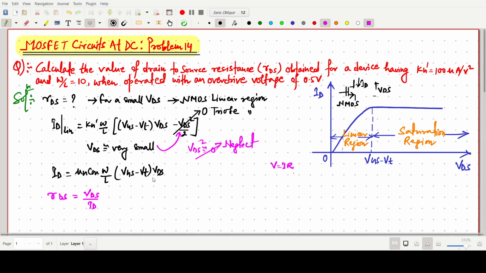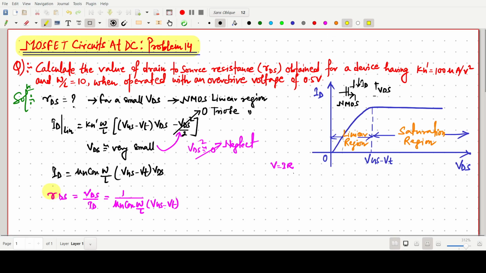This can be written as 1 by mu n COX W by L into VGS minus VT. This is the general formula: RDS equals VDS by ID, the drain to source resistance, equals 1 by mu n COX W by L and VGS minus VT.